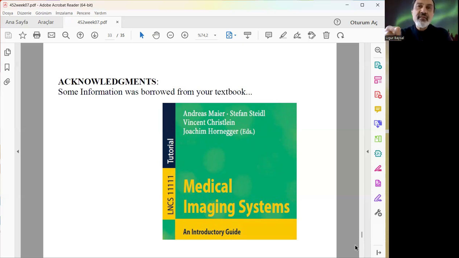Second, T1 and T2 relaxations: longitudinal means the same direction as the B0 DC high magnetic field, and the transverse plane means the XY plane orthogonal to it. So in these two directions, we have two different time constants to be imaged.